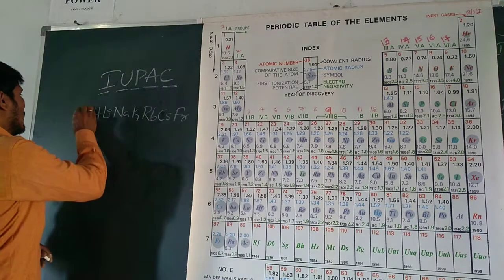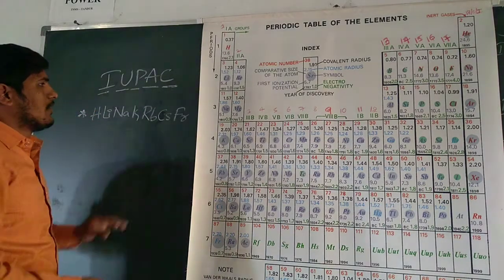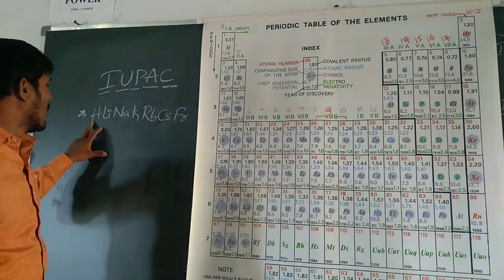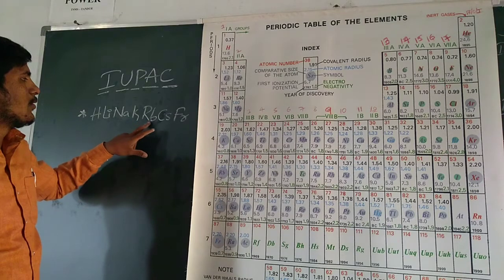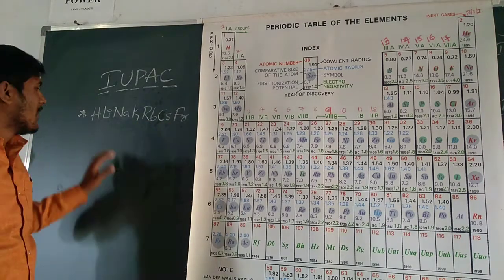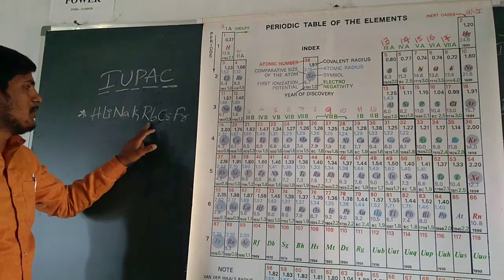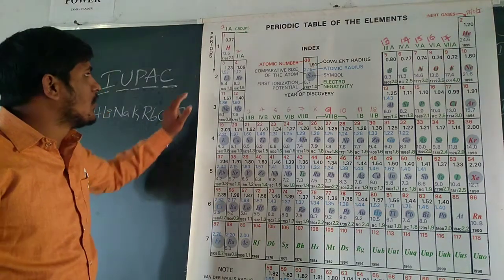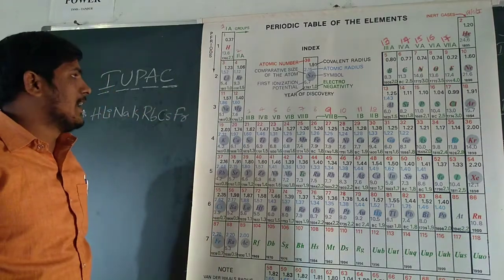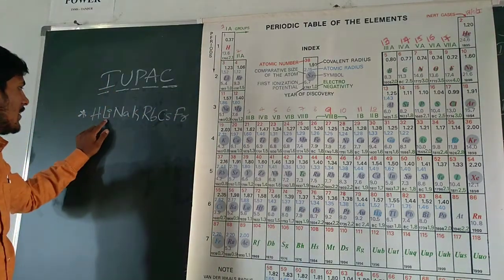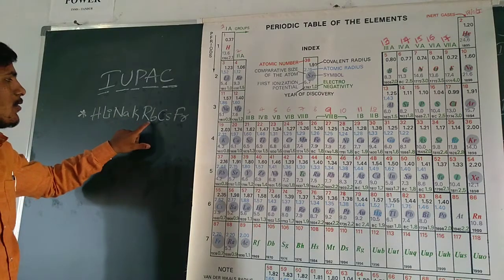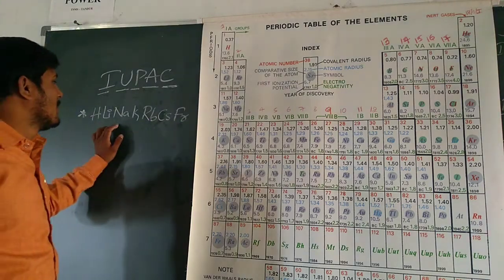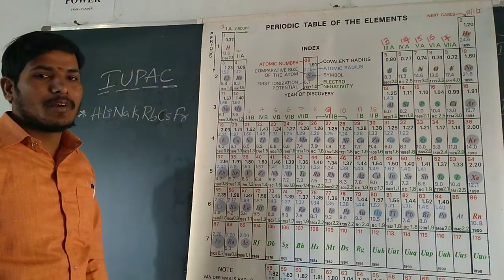By remembering this simple code, you are able to remember all these 7 elements: hydrogen, lithium, sodium, potassium, rubidium, cesium, francium.